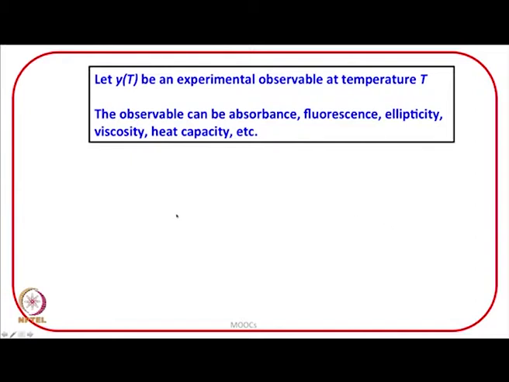Let me begin the discussion by taking Yt as an experimental observable at a temperature T, where Y is the property. It can be absorbance, fluorescence, ellipticity, viscosity, heat capacity, or any other property which depends upon temperature in case of proteins. Now let us discuss some equations.